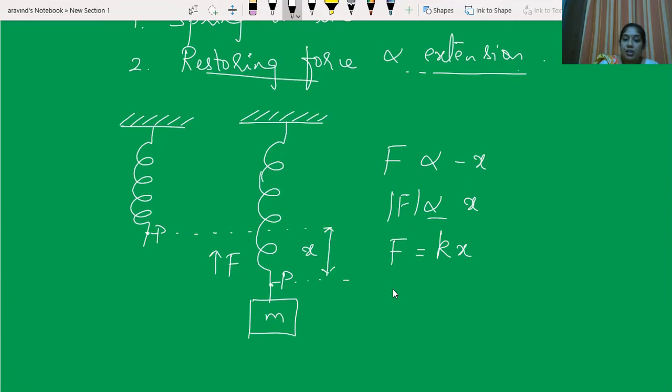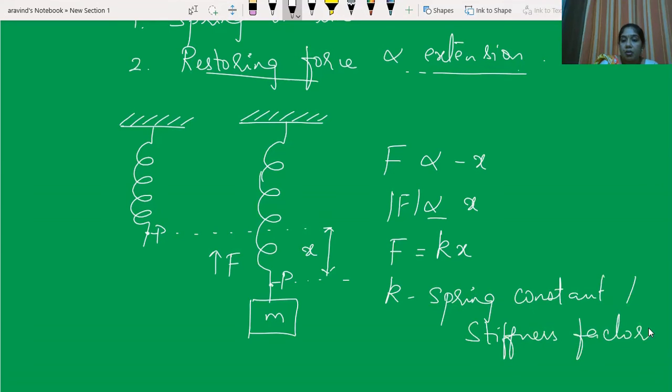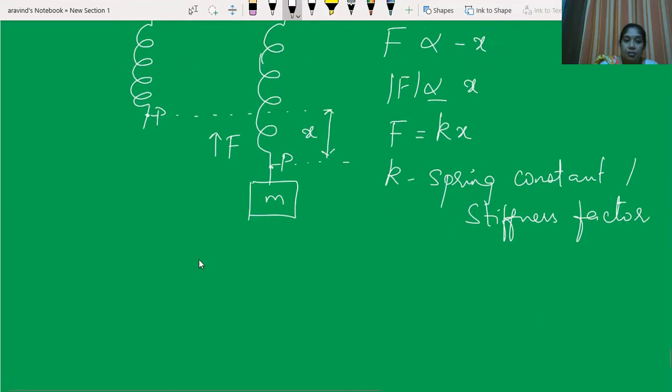So what is K? K is called the spring constant, or sometimes the stiffness factor. K is equal to F by X. So how do I define the spring constant?